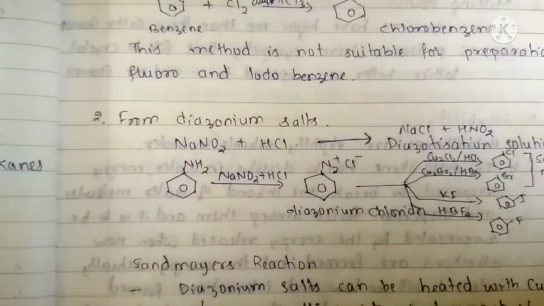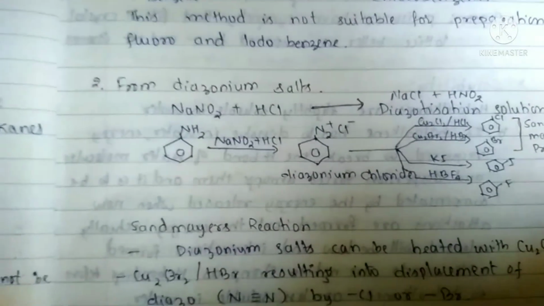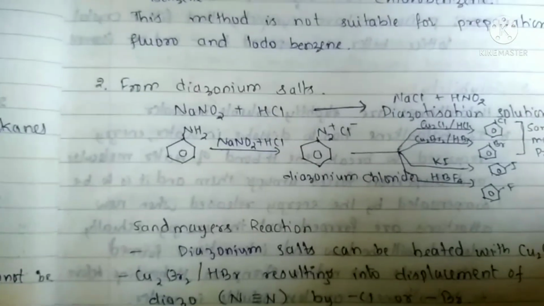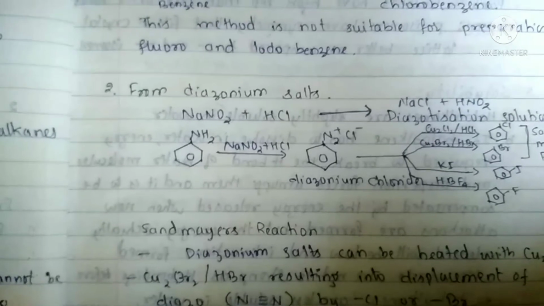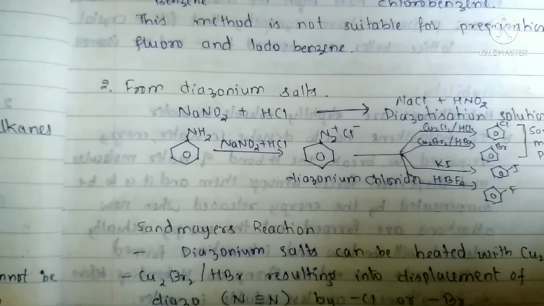And the second type of preparation of these haloarenes is using diazonium salts: sodium nitrite and hydrochloric acid together form the diazonium solution.